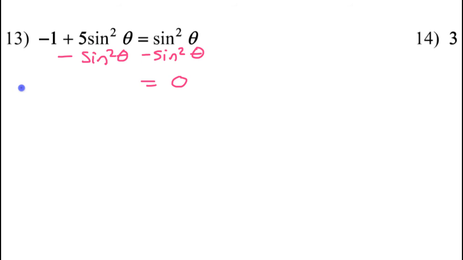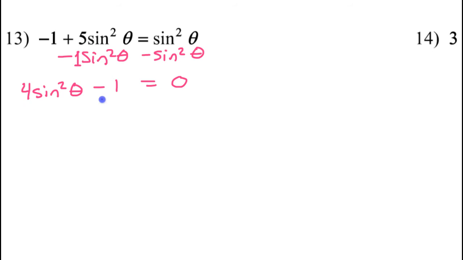So at the moment, that's going to give me 4 sine squared, which I will put in front, because this is 5 sine squared minus 1 sine squared, if you will. And then I'll put the minus 1 second, because that just makes me feel more comfortable. Now, this looks familiar to me.